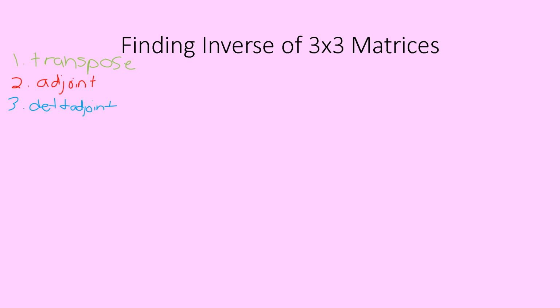Alright, so I'm going to explain a little more of what that means using an example. So say we have the matrix -1, 1, 4, -6, 3, 4, 2, 0, 6.